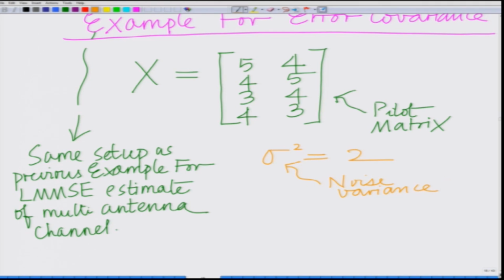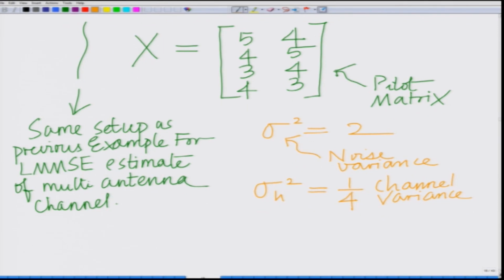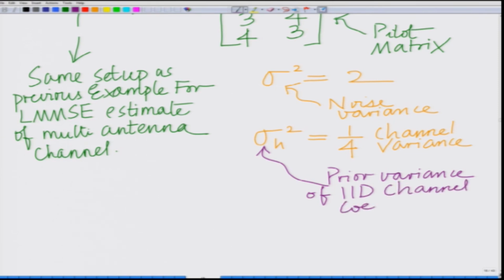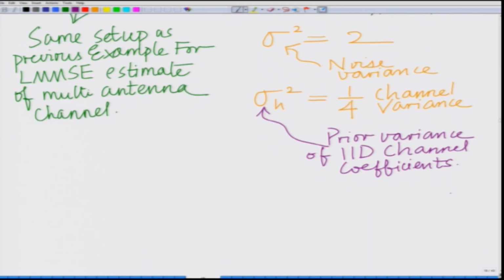Sigma h square equals 1 by 4, this is the channel variance, or rather the prior variance of your IID channel coefficients.